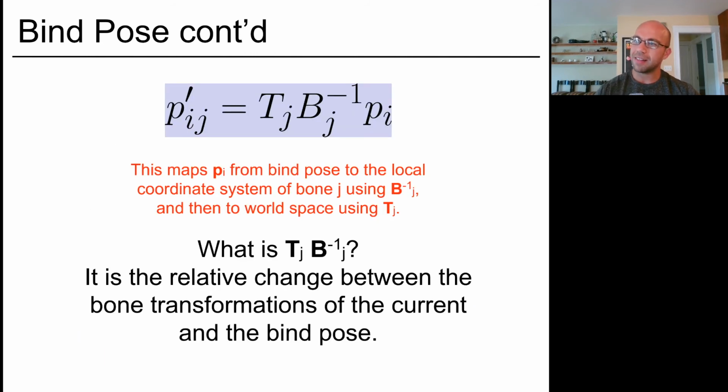So, let's think a little bit about this formula, which essentially is mapping Pi from the bind pose to the local coordinate system of bone J and then to the world space using Tj. Now, I can parenthesize this expression any way that I want. So far when we've talked about it, it's been like: take Pi, apply this thing, then apply this thing.